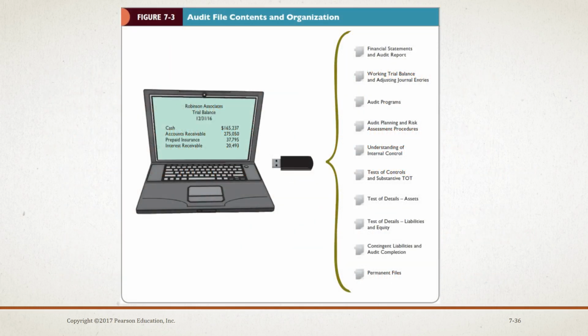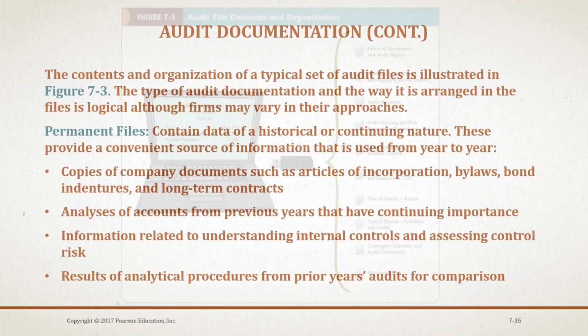The audit file typically will contain the financial statements and the auditor's report, the trial balance and any journal entries that have been proposed either by the client or you, the audit program, your planning and risk assessment, your understanding of the internal controls, tests of controls and substantive tests of transactions, tests of details of assets and of liabilities and equity, contingent liabilities, and audit completion. That's your current audit file.